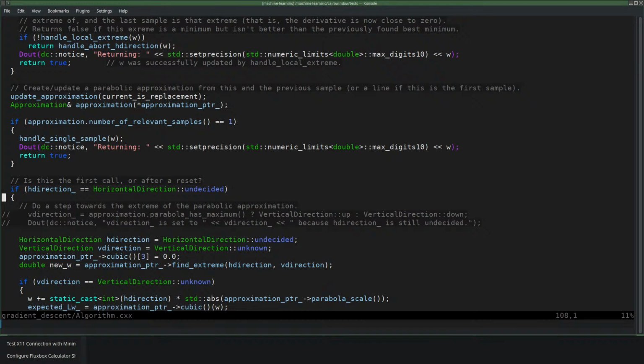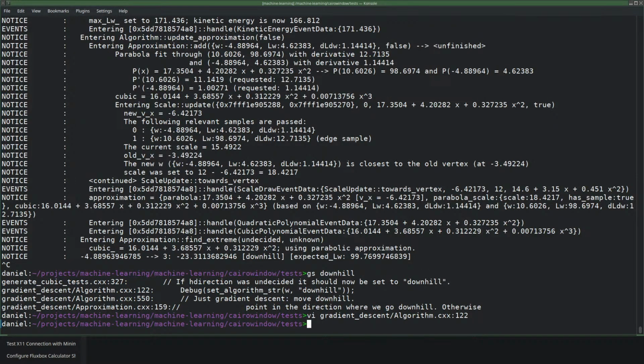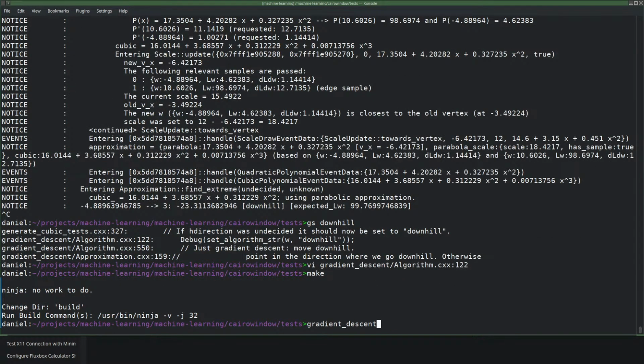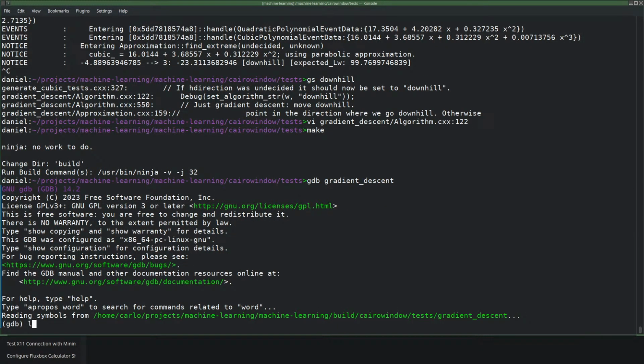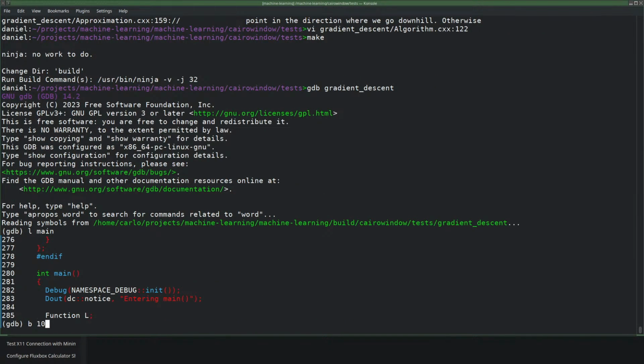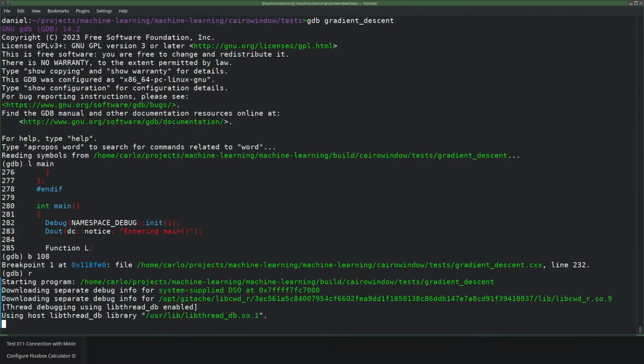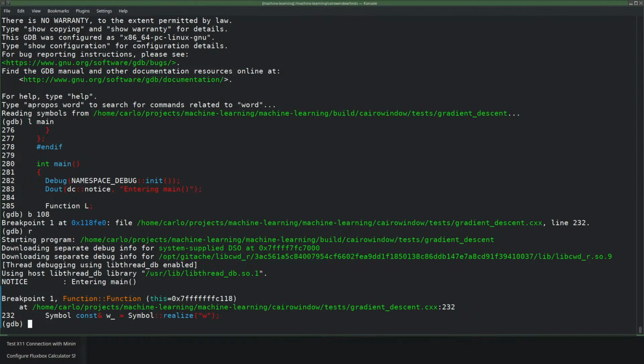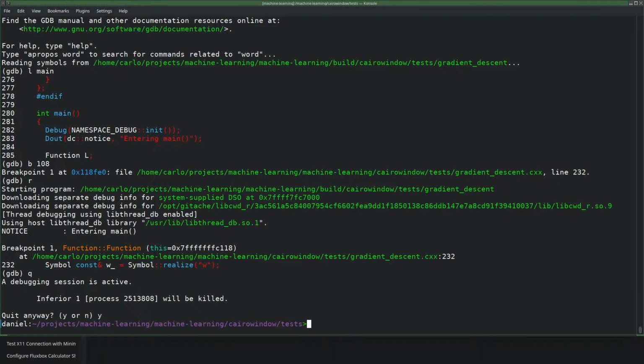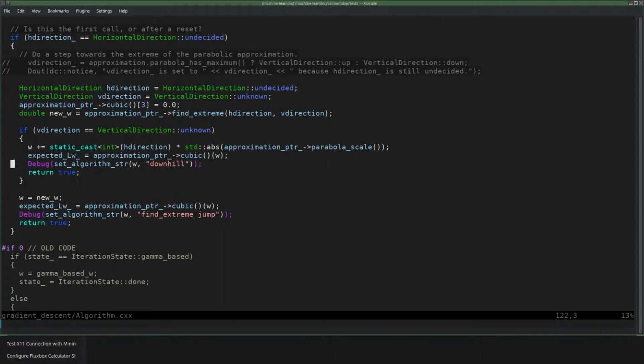Set a breakpoint at 108. I set a breakpoint at 108 and I get 10232. I meant, of course, 108 in algorithm.cxx.